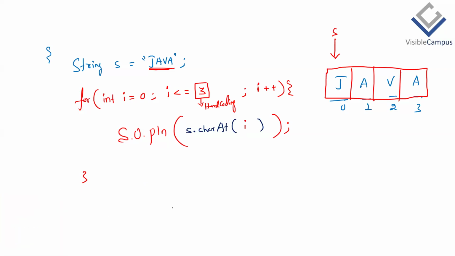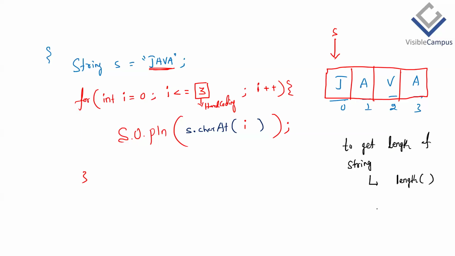For every string, to get the length, that is the number of characters of a string, counting has to be from 1. To get the length of a string, there is a method called the length method.